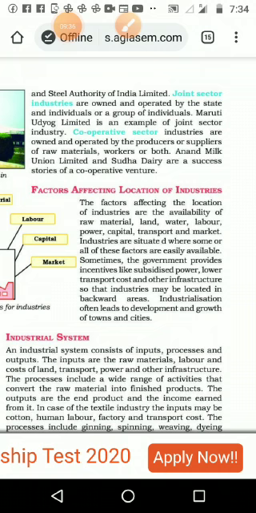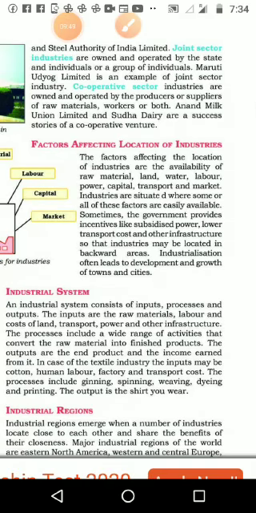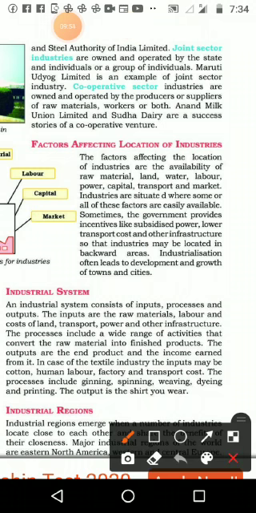Sometimes the government provides incentives like subsidized power, lower transportation cost or other infrastructure, so that industries may be located in backward areas. For that purpose we are making the SEZ, special economic zones.